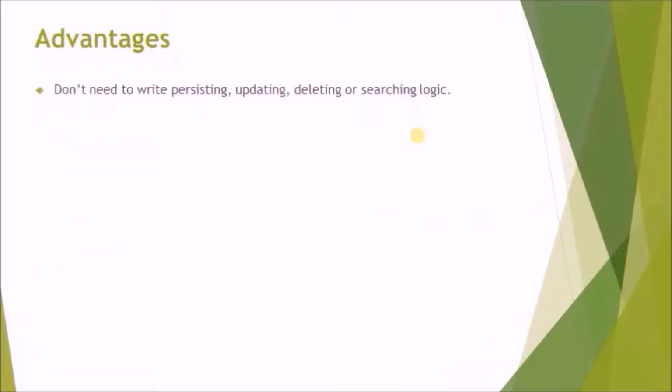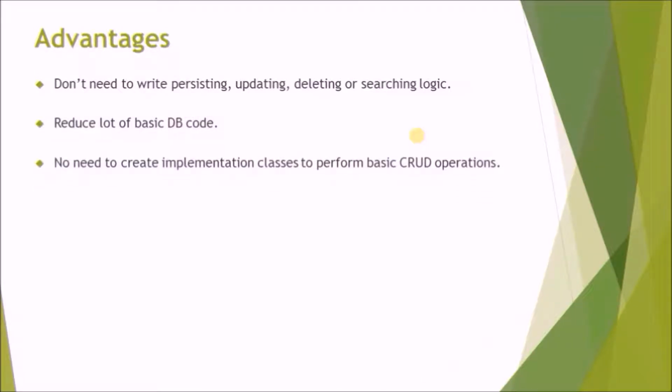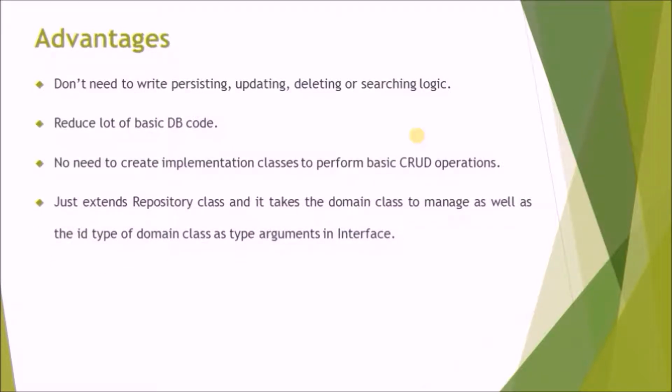Advantages: you don't need to write persisting, updating, deleting or searching logic. It reduces a lot of basic DB code. No need to create implementation classes to perform basic CRUD operations. Just extend the repository class, and it takes the domain class to manage as well as the type of the domain class's ID as type arguments.